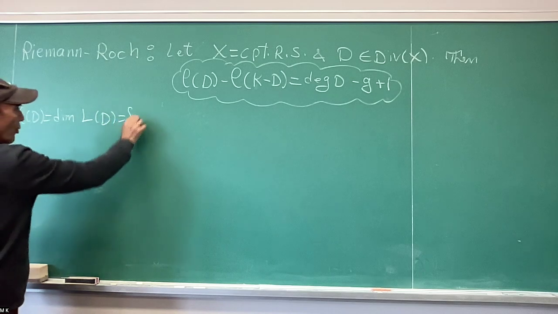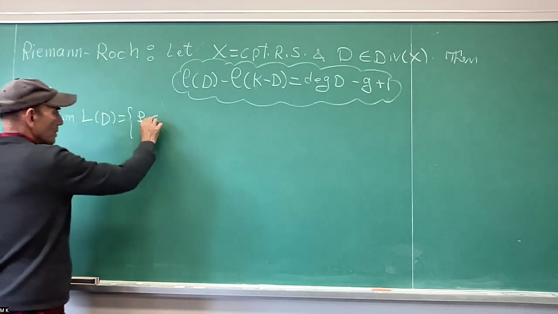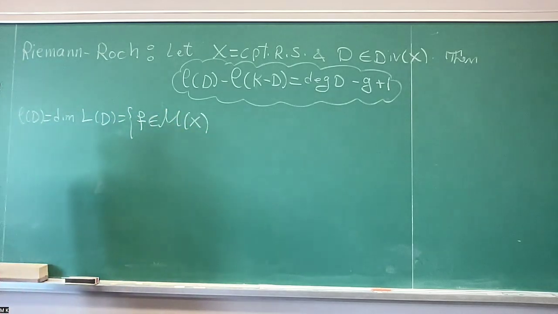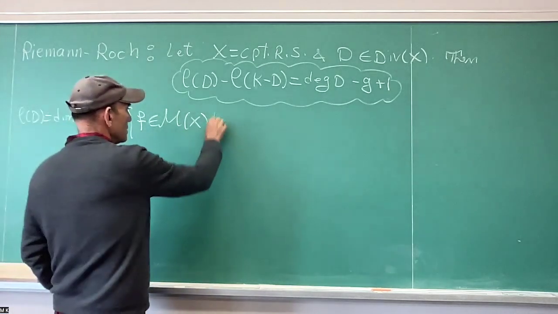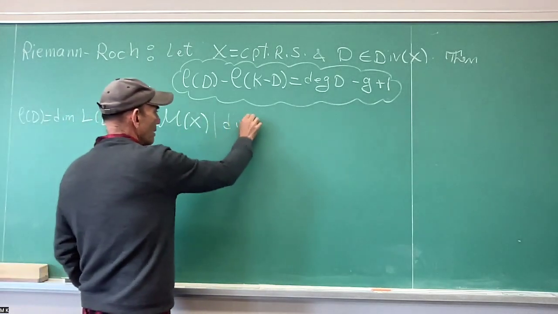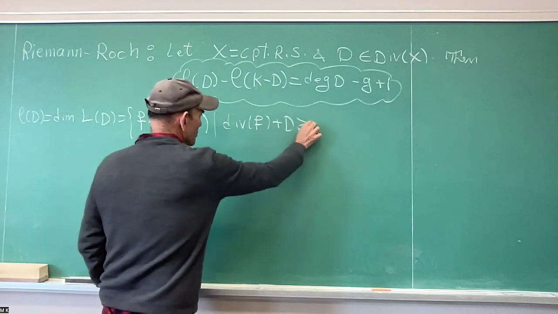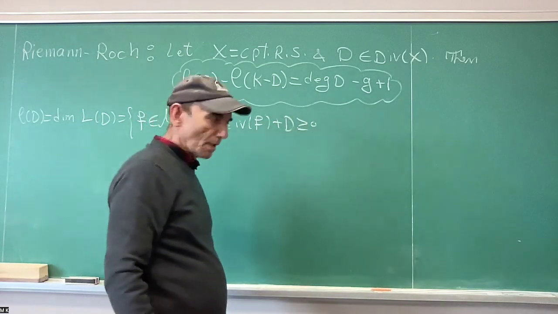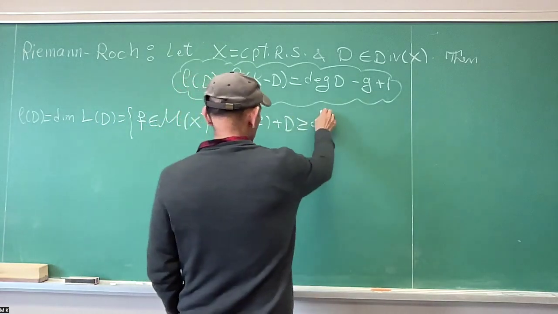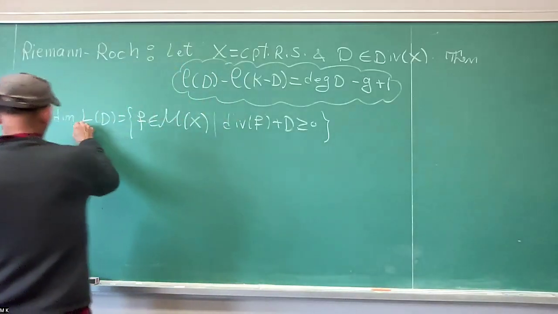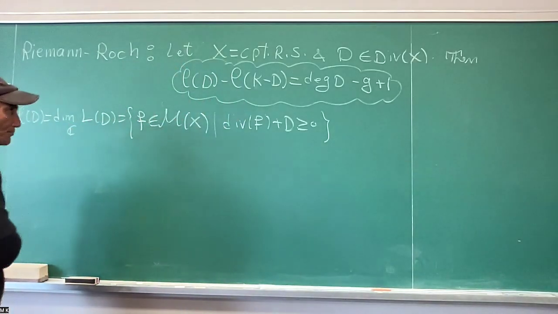Which is the space of all meromorphic functions on X such that divisor of F plus D is bigger than or equal to 0, right? So that's the definition. Okay, so this is dimension over C.